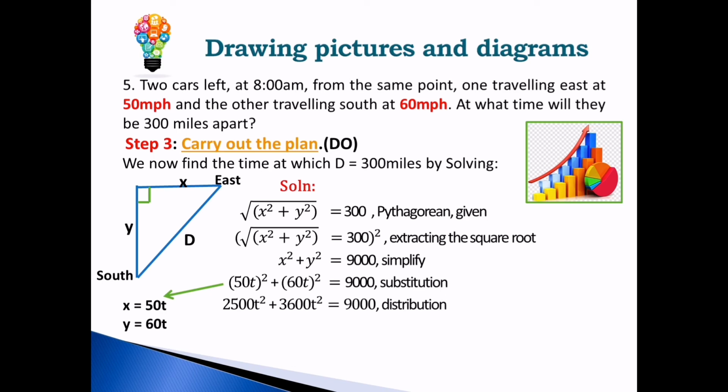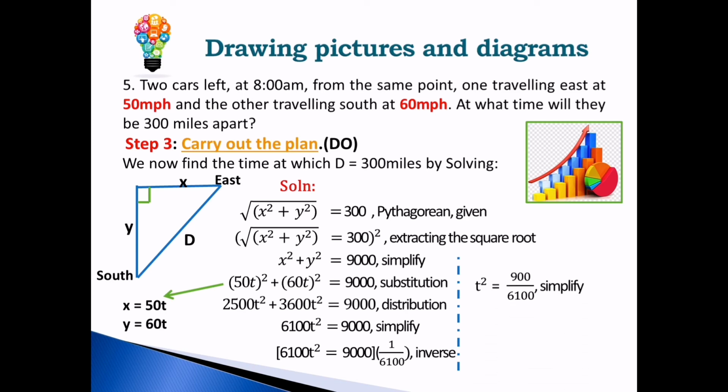It becomes 6100 t squared. Since we are concerned with the time required, we divide the whole equation by the numerical coefficient 6100. Then we move the 6100 to the other side, so we have t squared equals 90,000 over 6100.